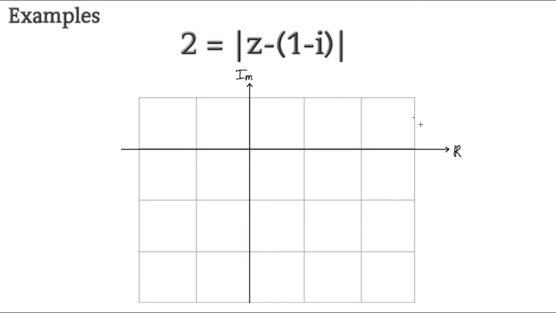That means that around the point 1 take I, you have a radius of 2. So the distance, or displacement rather, between the point in concern and the point described over here has to be 2.